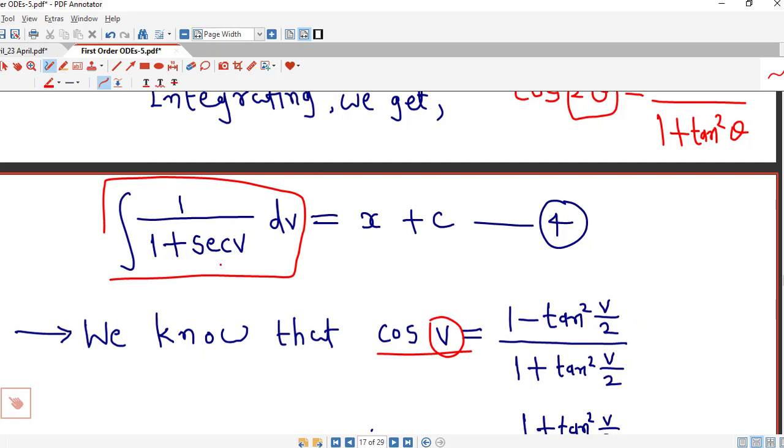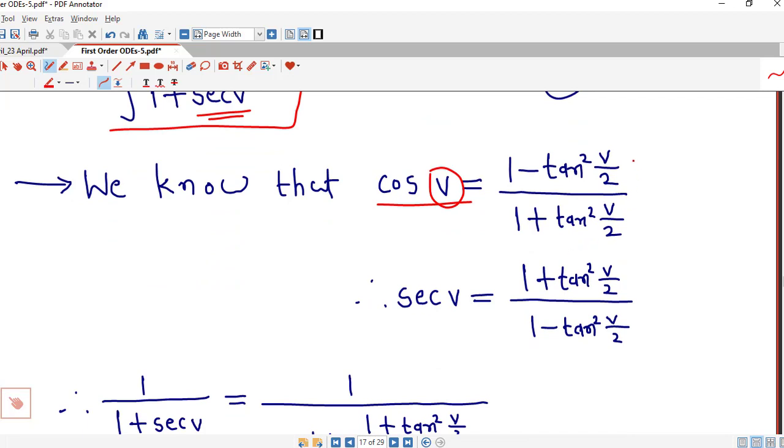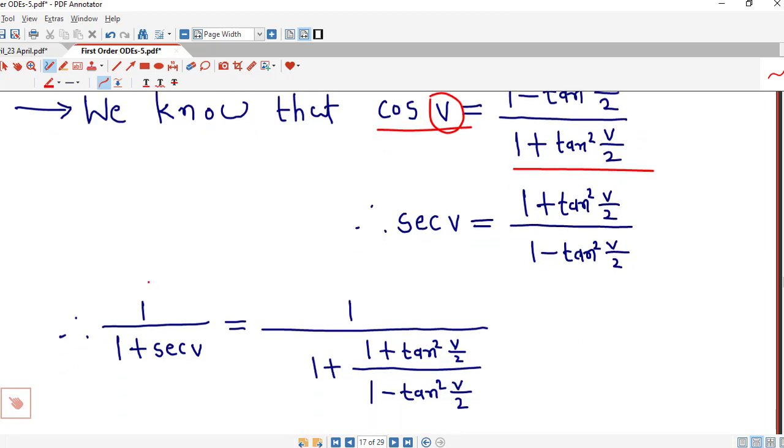But we are interested in sec v, so sec v is the reciprocal of this quantity, which is (1 + tan²(v/2))/(1 - tan²(v/2)). And we substitute the value of sec v in this expression. So we have 1 over 1 plus this, and we take the reciprocal.